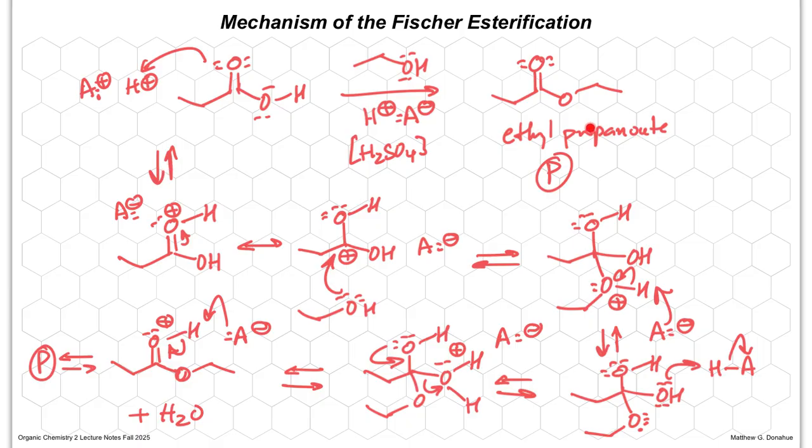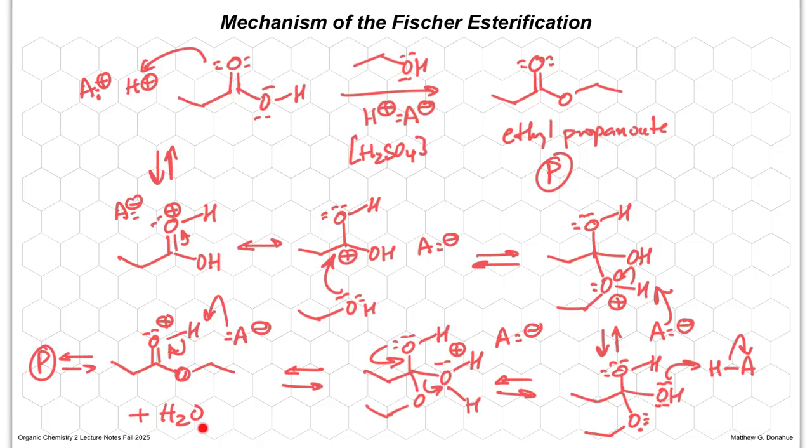That means if you started with an ester and you had a lot of water in there with a little bit of acid, you could reverse this back to an acid. So depending on the concentrations of things, you can affect the equilibrium.